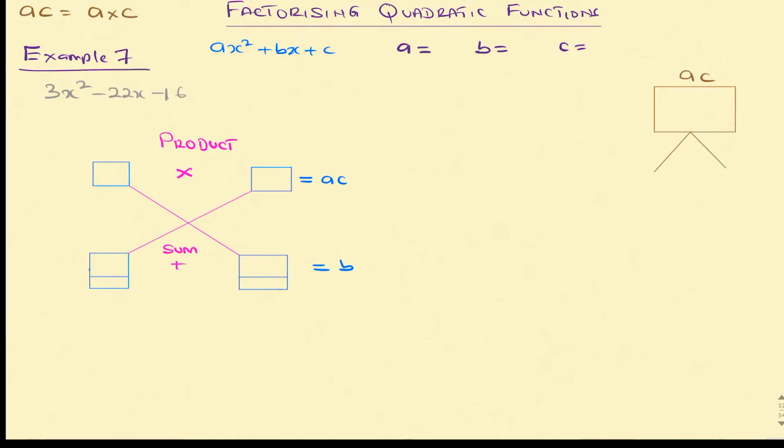We're factorizing 3x squared minus 22x minus 16, where a equals 3, b is minus 22, and c is minus 16. Well, in this case, we need to find AC. That's a times c. Remember, you can pause this video and solve it and then check your answer.